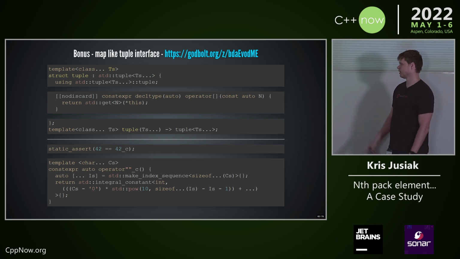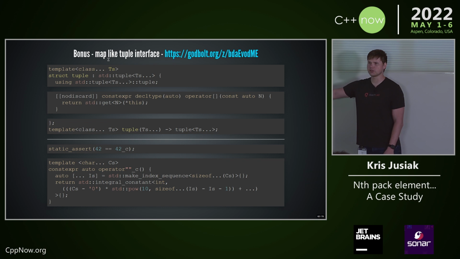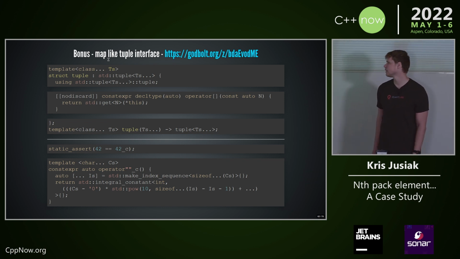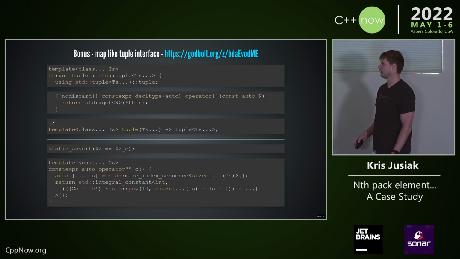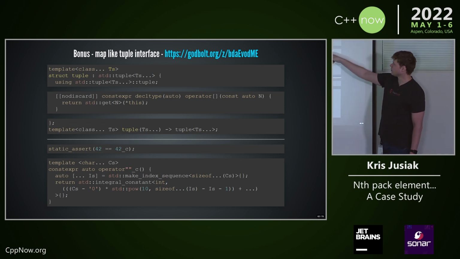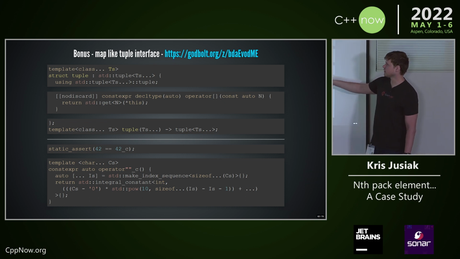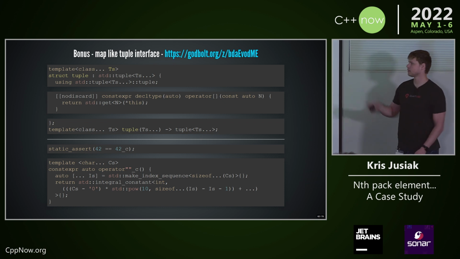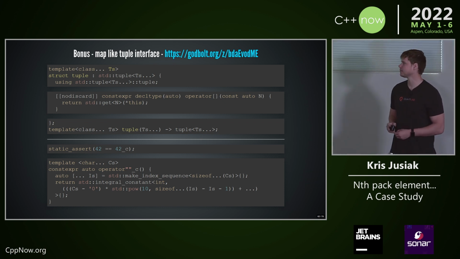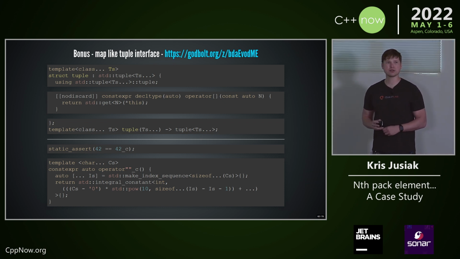We have to get the character, subtract 48, and do that expansion over all the characters we have in order to get the number. So 42_c will produce the integral constant of int of 42. And then this thing which is passed here, the integral constant, is convertible to an int, which will get the value there. Are there any questions to that?